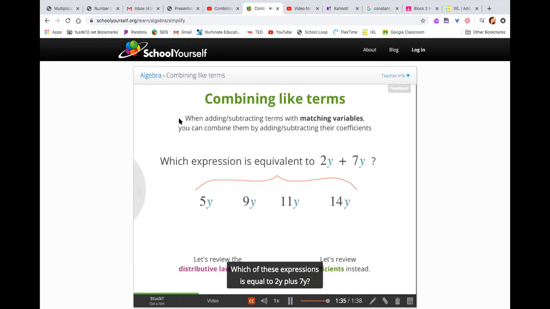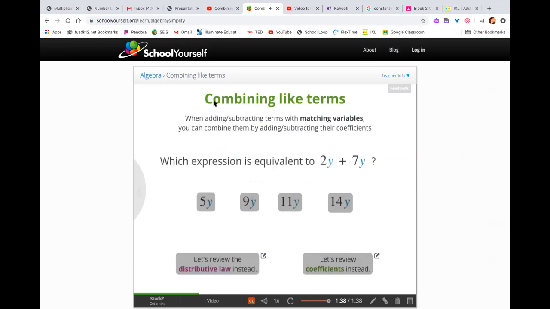Which of these expressions is equal to 2y plus 7y? Okay, so now I have 2 plus 7y. Is it going to be 5y, 9y, 11y, or 14y?